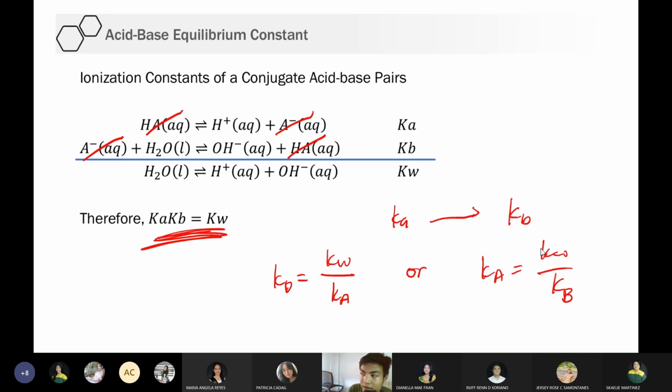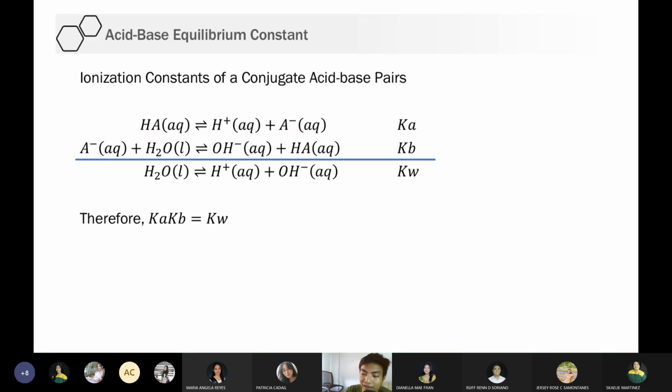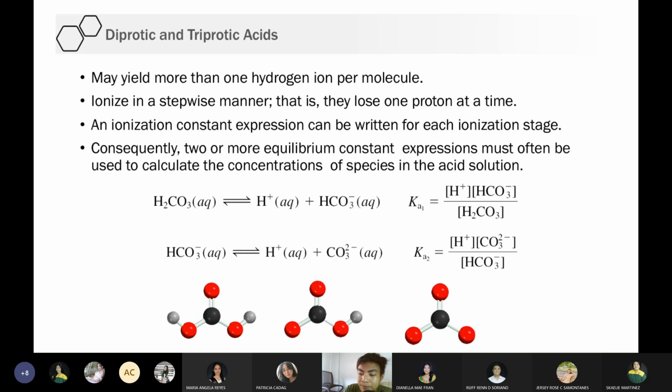You just divide your ion product of water by the given K value. I won't give an example of that because you just divide. So we'll leave it to the worksheet. Let's proceed with the next one.